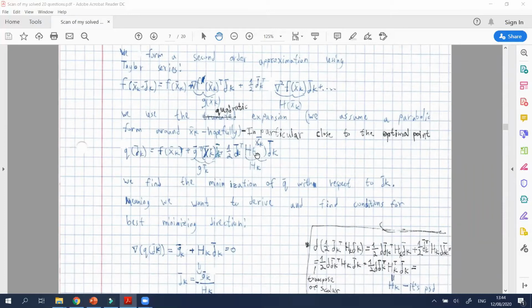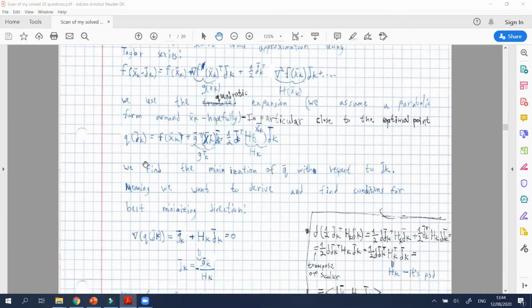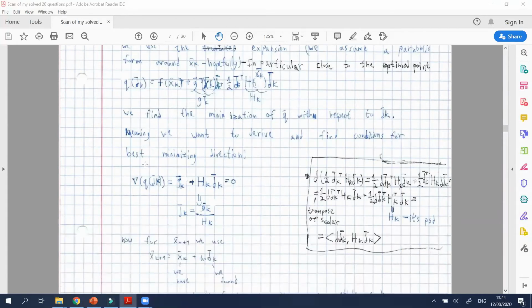So this is the quadratic approximation called the Q of dk, and we want to minimize Q with respect to dk. So we want to derive it and find the condition for best minimizing the direction. We derive it. It's multidimensional, but it's the same way we do it with the scalar, just with vectors and matrices.